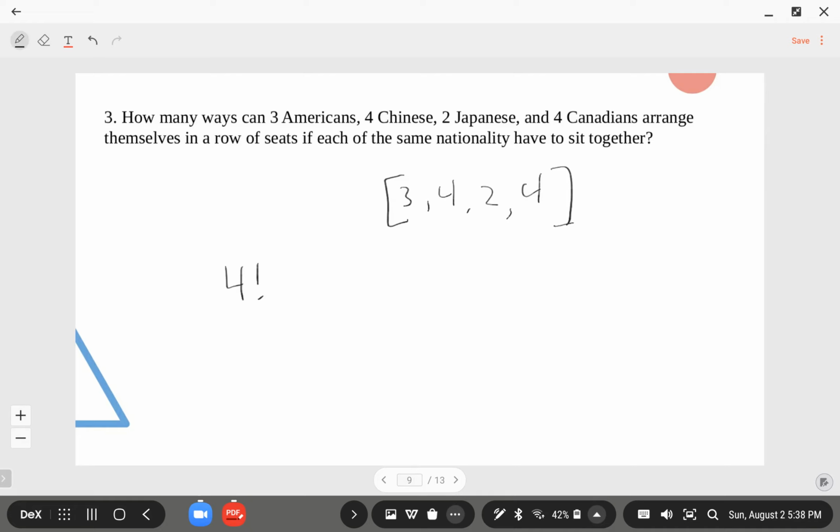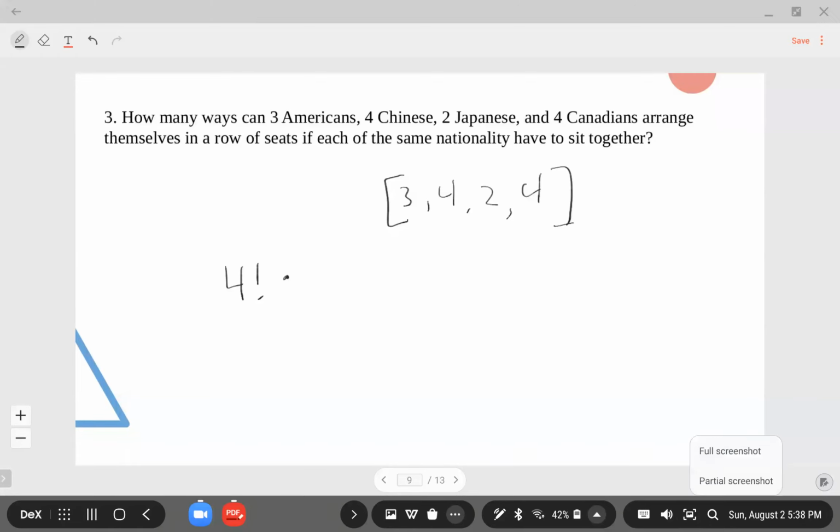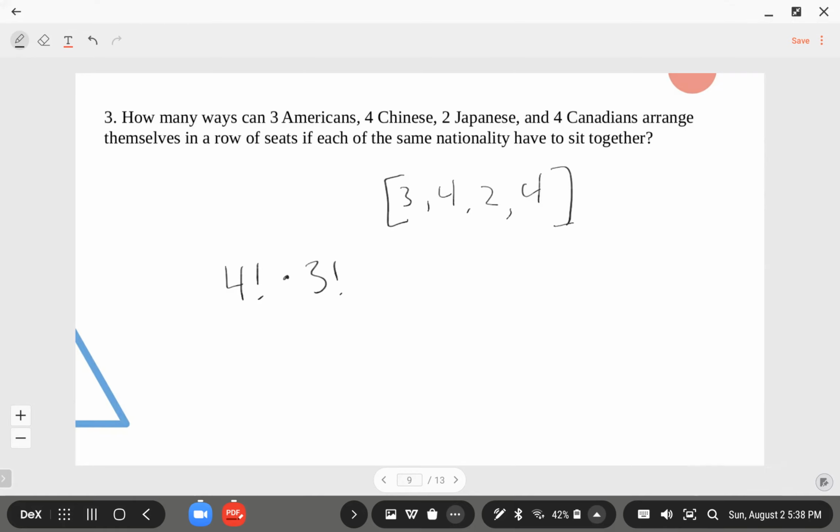But have you noticed that within each nationality, they can permutate themselves? The Americans can permutate themselves, the Chinese can permutate themselves, and then overall, all the nationalities can permutate. So the Americans can permutate within the same nationality, and that would be 3 factorial.